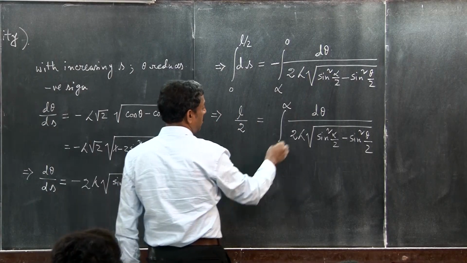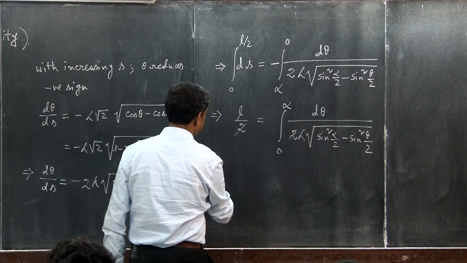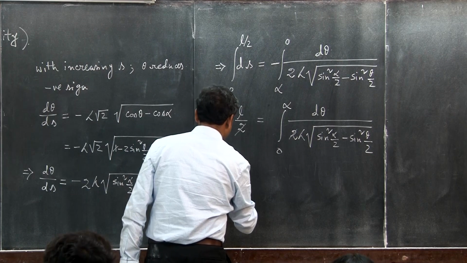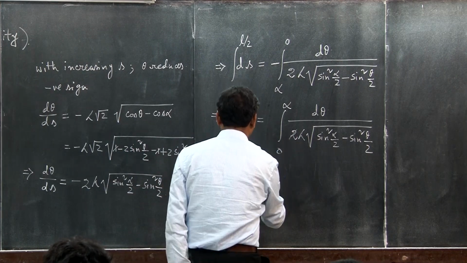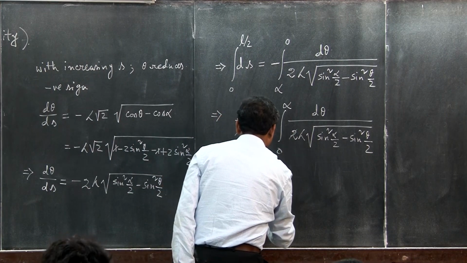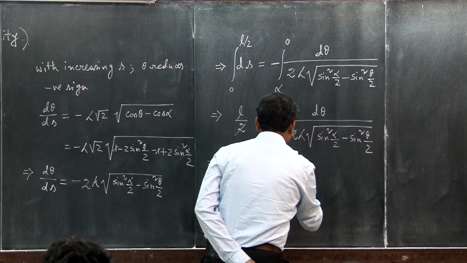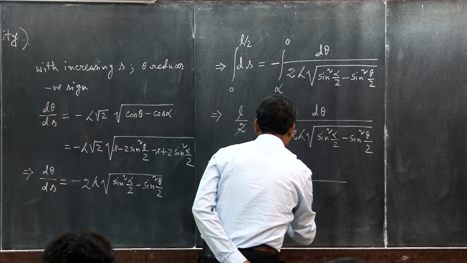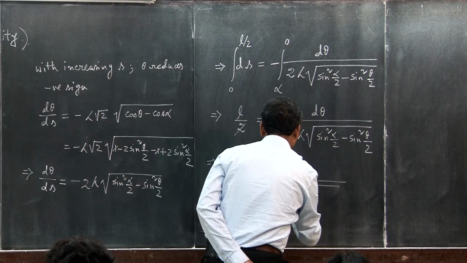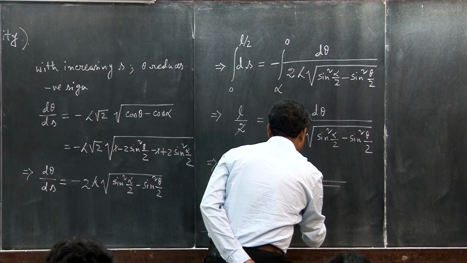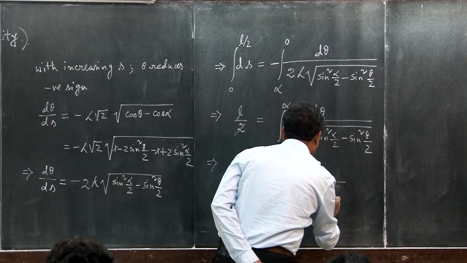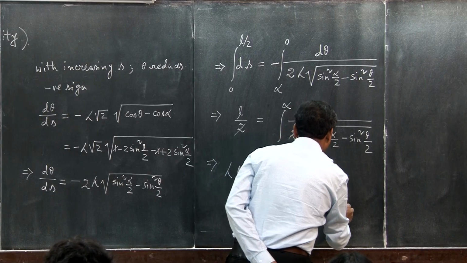You see that? Or I can cancel out these two, so I will write lambda L is nothing but the integration from 0 to alpha of d theta divided by root sine square alpha by 2 minus sine square theta by 2, right?